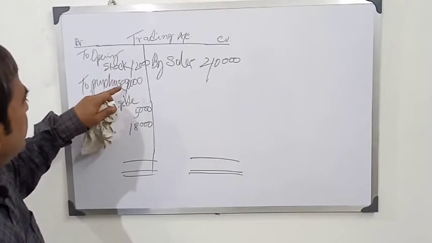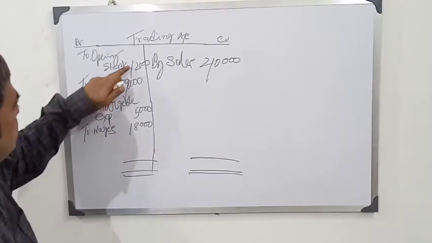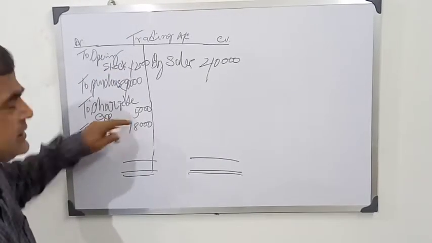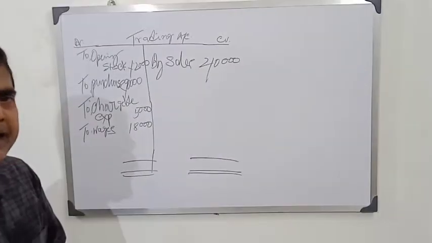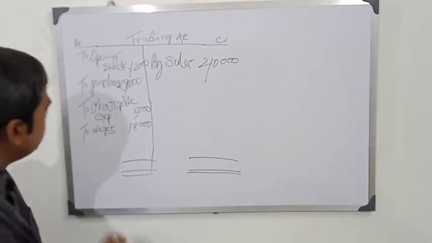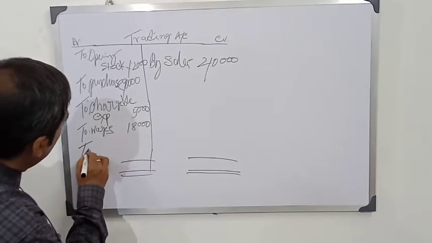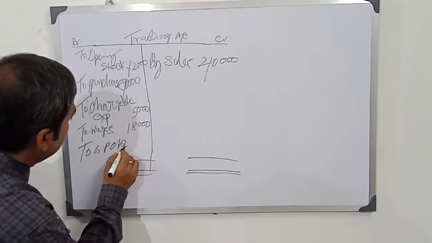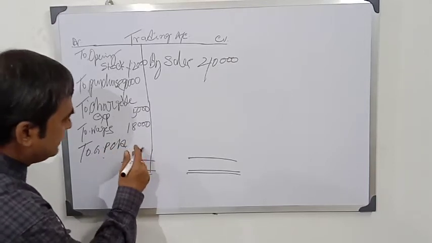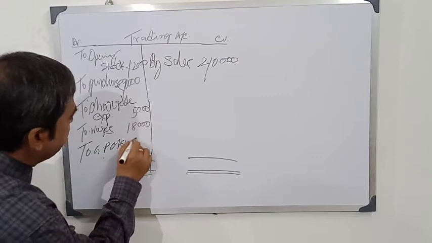If you deduct 1,25,000 from it, 85,000 is your gross profit. So you must write to gross profit carried down and transferred to profit and loss account 85,000.